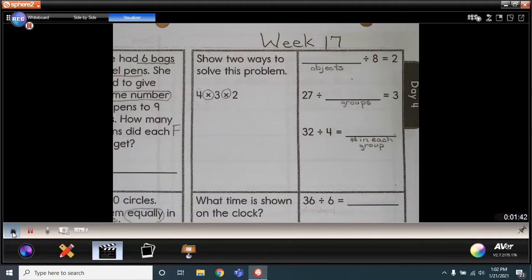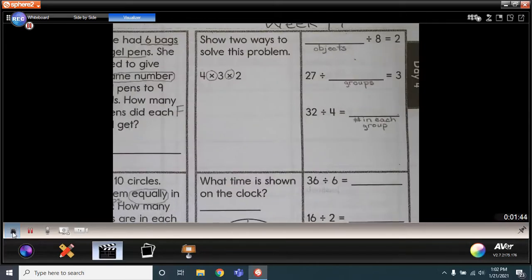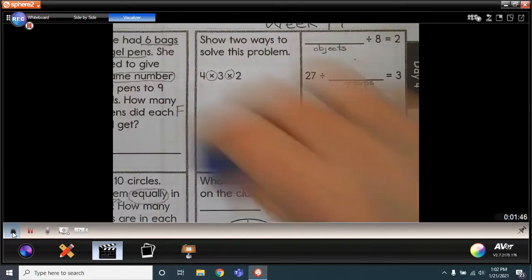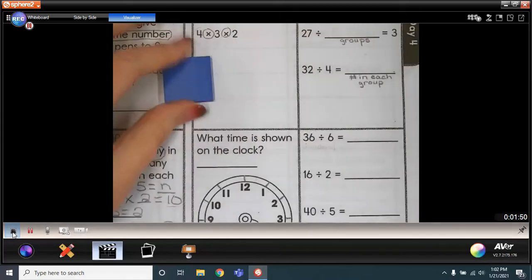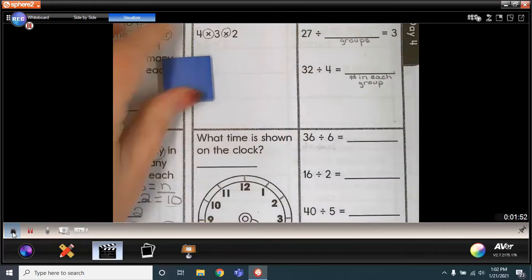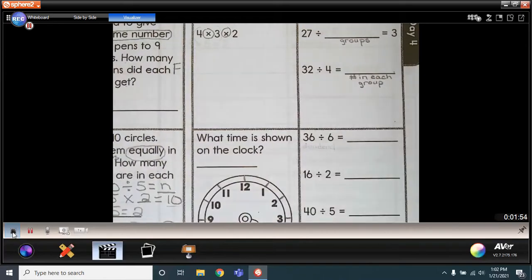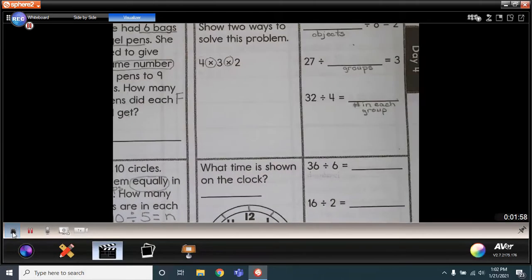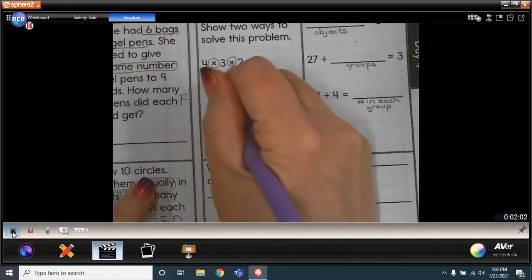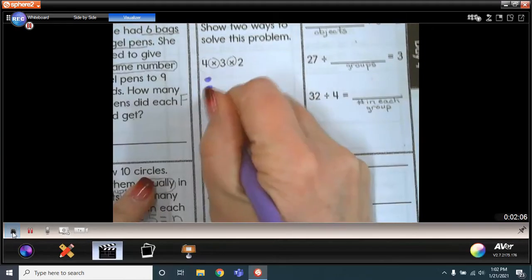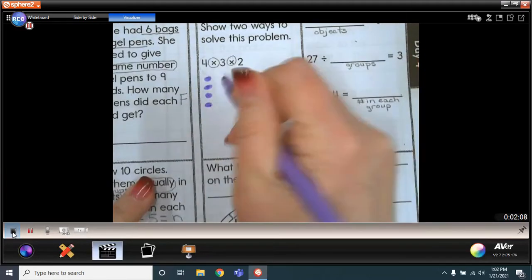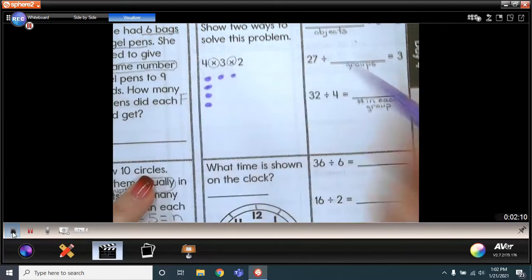Let's just start with 4 rows. Actually, maybe I will use a highlighter instead. I'm going to do 4 rows, and I'm going to use an array instead of square units. 4 rows, and there are going to be 3 in each row.